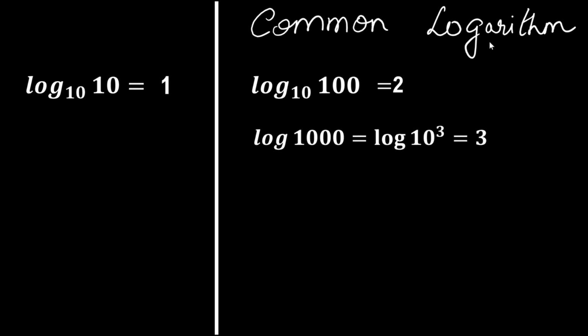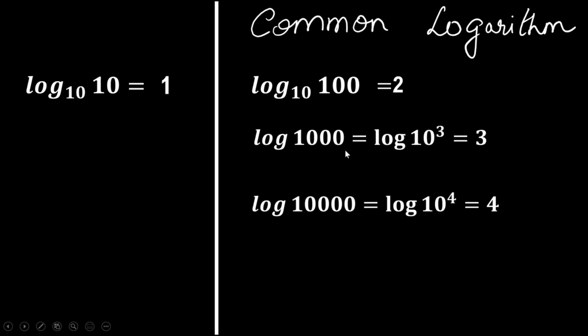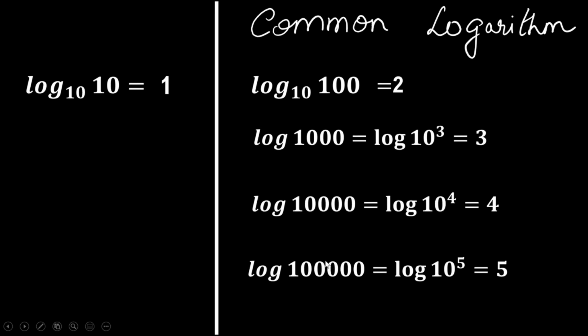And we are dealing with common logarithm, just to remind you. Similarly, log of 10,000 becomes 4, because we can write 10,000 as 10 to the power 4. Similarly, log of 100,000 becomes 5. So this we already know.